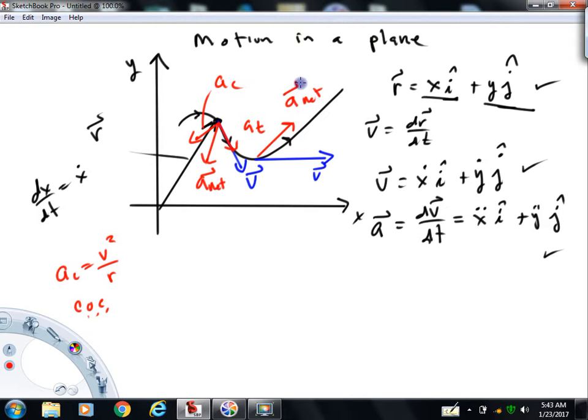So the purpose of this video is just meant to be kind of an introduction to motion in the plane. Some important points are, one, knowing how to express a position vector in Cartesian format. And in the next video, I'll talk about how to express that vector in polar coordinates. Two, how to take that vector and use it to calculate a velocity vector, and that's just by time differentiation.